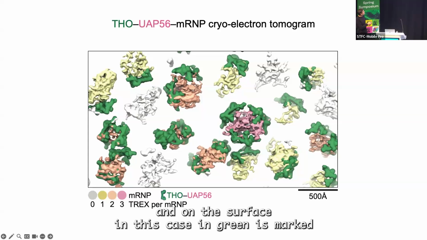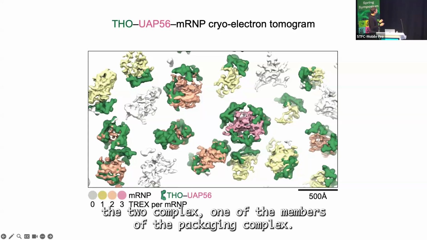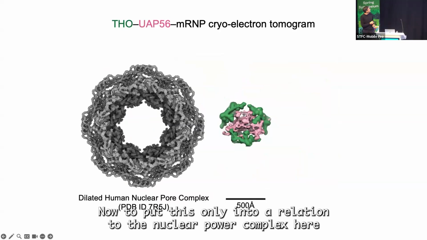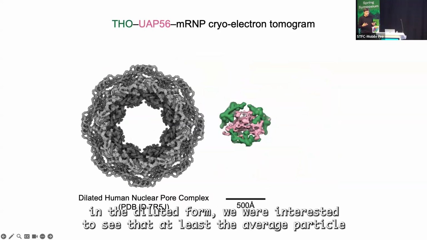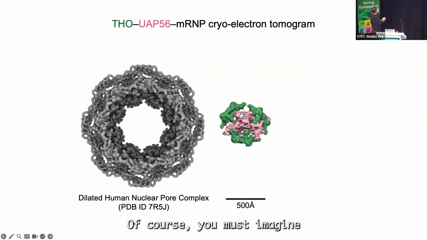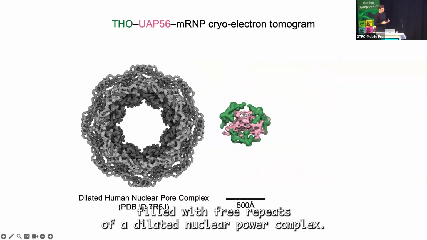And on the surface, in this case in green, is marked the TREX complex, one of the members of the packaging complex. Now, to put this into relation to the nuclear pore complex here in the dilated form, we were interested to see that at least the average particle that we captured would be in principle compatible with the diameter, of course, you must imagine, filled with FG repeats of a dilated nuclear pore complex.